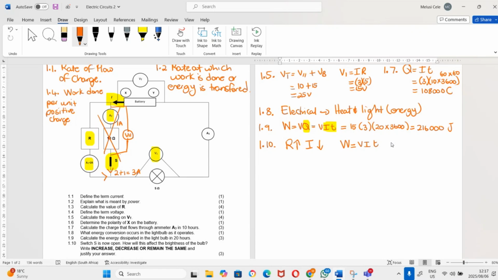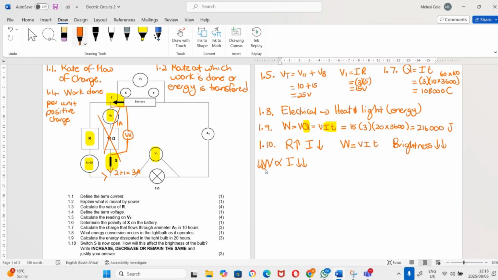So if current decreases, then brightness should actually decrease. So that's pretty much how you would look at that. W is directly proportional to I. And so when current decreases, then the energy dissipated should also decrease. I hope that makes sense.